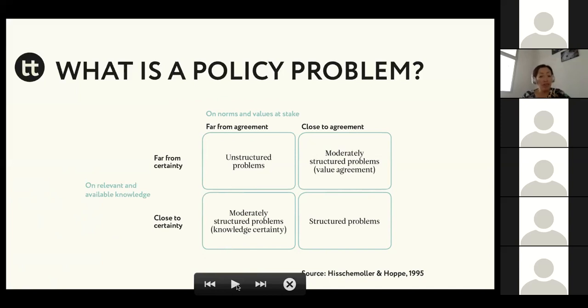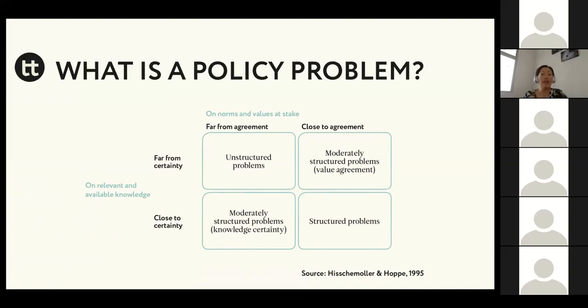In others, we are far from certainty. We don't even have the knowledge. We don't have the frameworks. We don't have the understanding mechanisms for that problem. So that is the one dimension that Hoppe proposes we study.